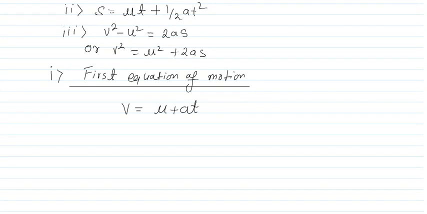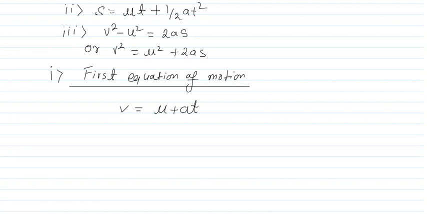As we know that here v is the final velocity. Here it is a small v. It is the final velocity of the body. U is representing the initial velocity of that body. A is the acceleration and t is the time.